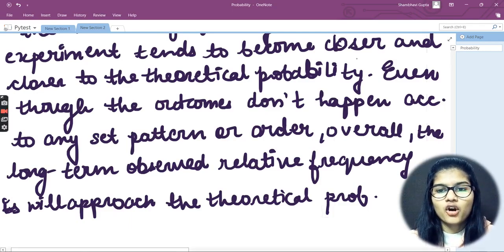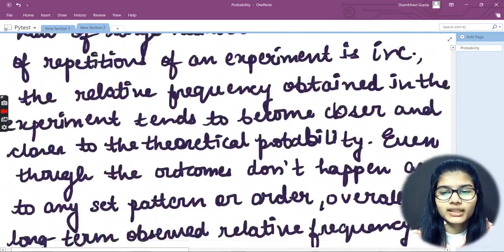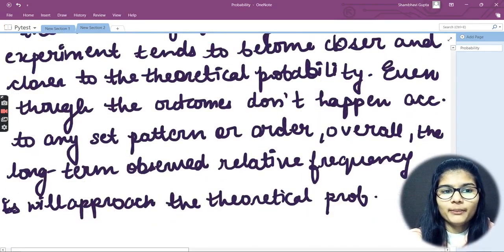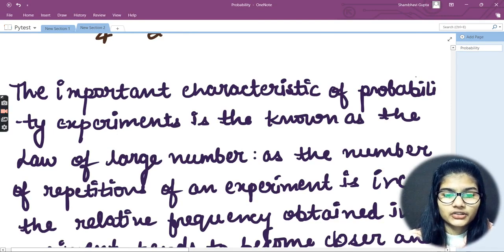This is the law of large numbers. That is what it actually says. Great. So hope I am pretty clear with you regarding the law of large numbers, and what this law actually states.